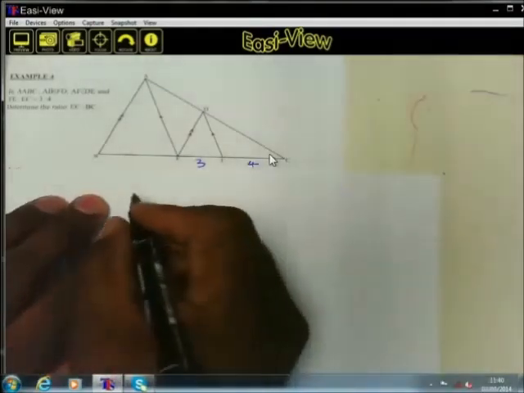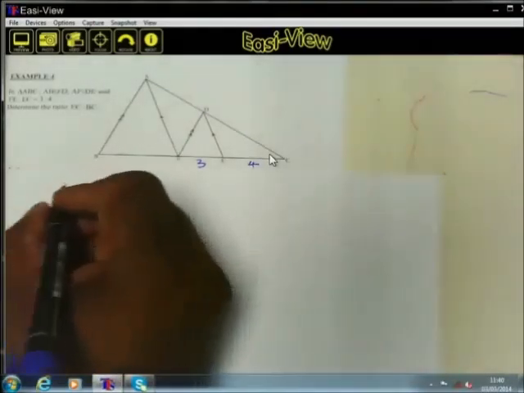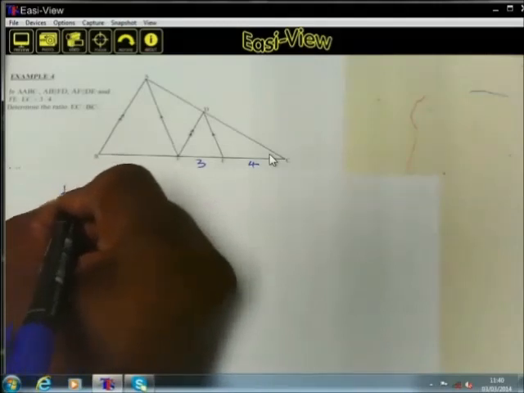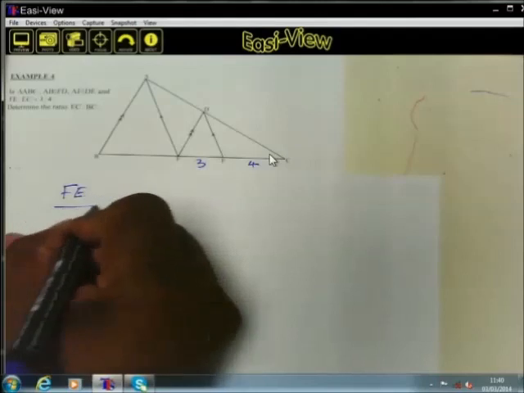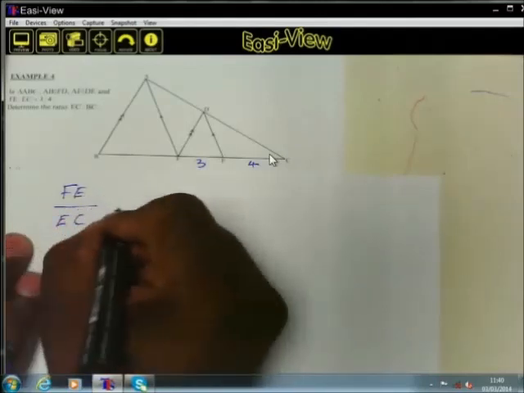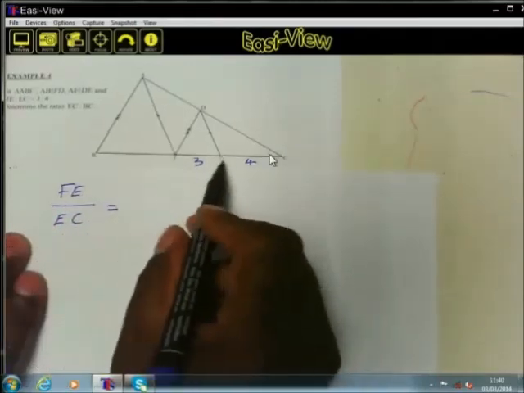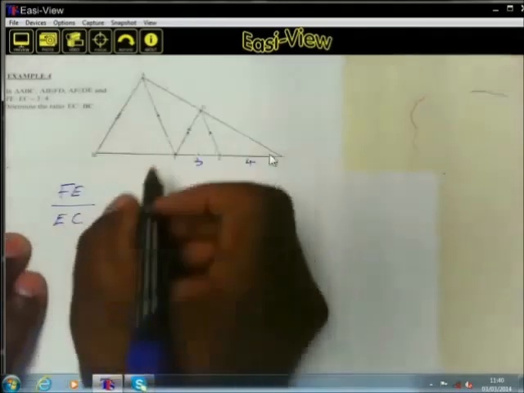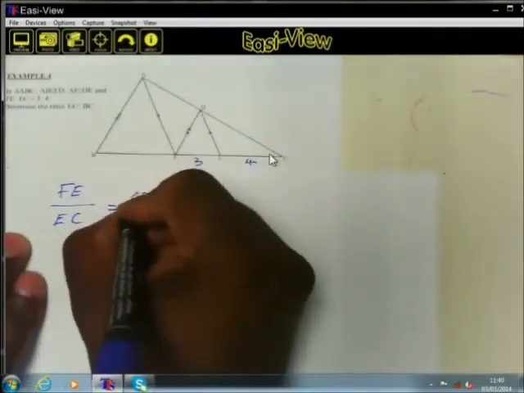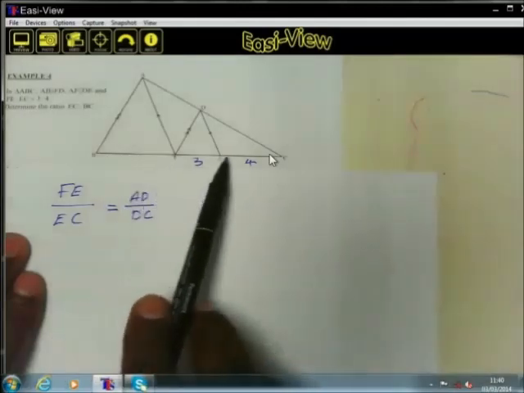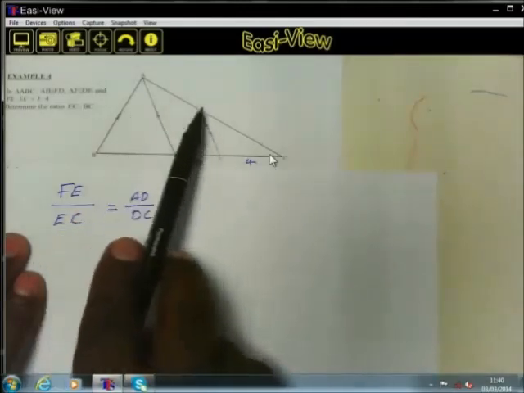We say FE over EC is equal to AD over DC. Remember, we are busy with Euclidean geometry, and you always have to provide a reason. Why do I say FE over EC is equal to AD over DC?